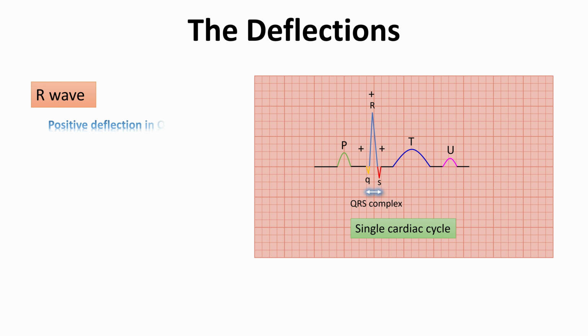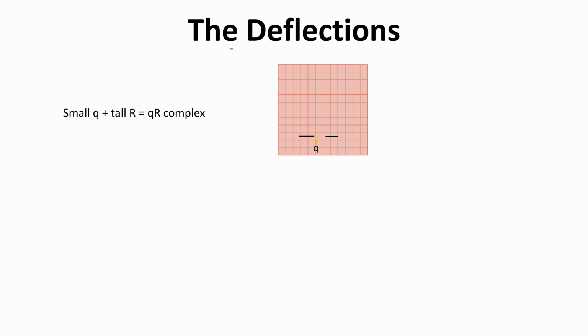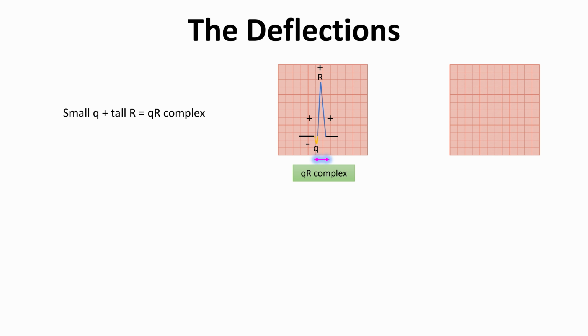The positive deflection is always called the R wave. The negative deflection before the R wave is the Q wave, while the negative deflection after the R wave is the S wave. Relatively speaking, a small q followed by a tall R is labeled as qR complex, while a large Q followed by a small r is labeled as Qr complex.